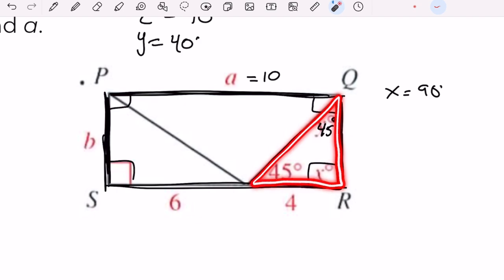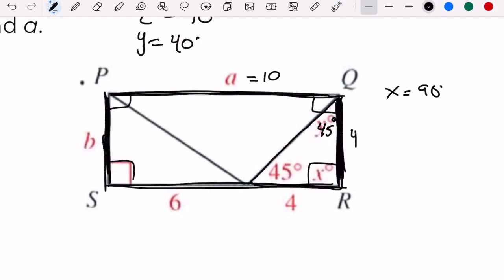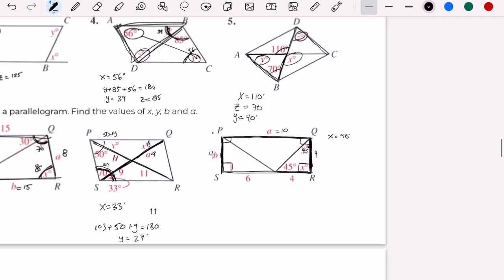It's a triangle that has a set of two congruent angles, and a triangle that has two congruent angles is called an isosceles triangle. And in an isosceles triangle, two sides are congruent. So this measures 4 and this measures 4. So B measures 4. Ka-choom, pow. Beautiful.